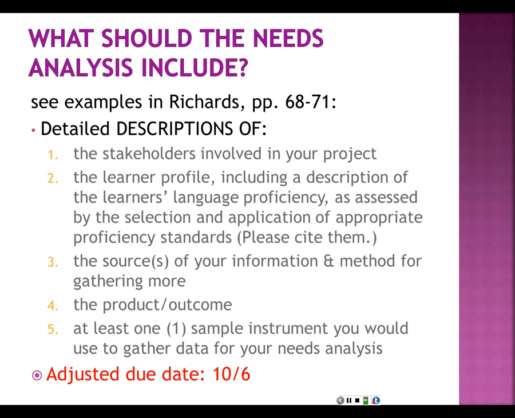And this is in the course, okay? I've already made the adjustment there. So part 1 is due on September 29th: the sample instrument. The second part, the actual text for the needs analysis and all explanations, is due on the 6th of October, so I have adjusted this. I hope that's all right with everyone here.